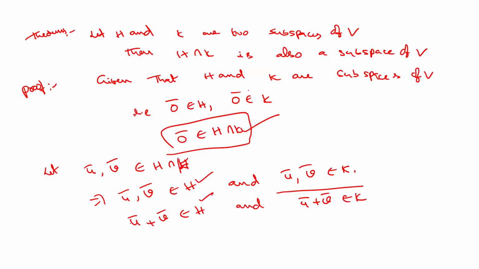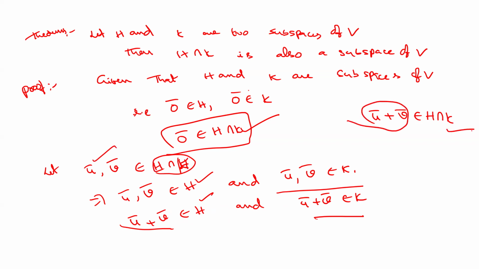Because H is a subspace, addition is closed. Therefore, combining these two, we can say that u + v belongs to H intersection K. So if you take two vectors in H intersection K, the addition is also in H intersection K.